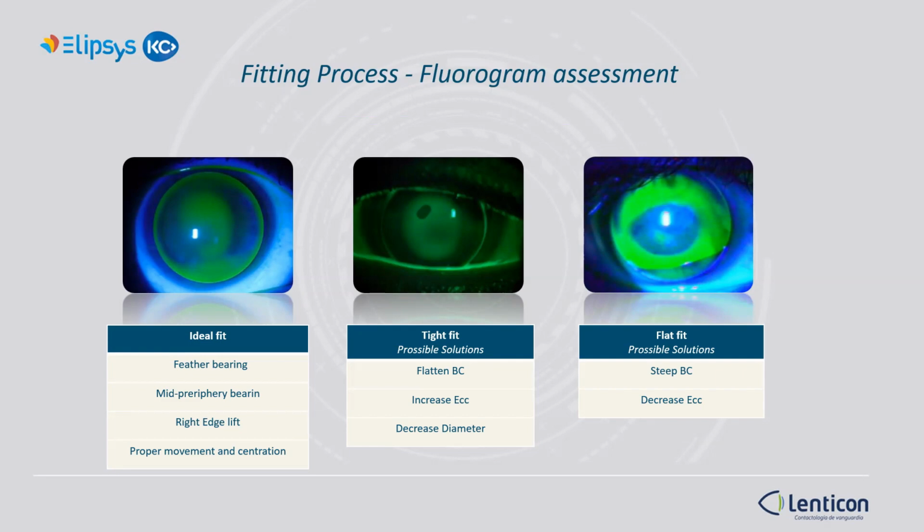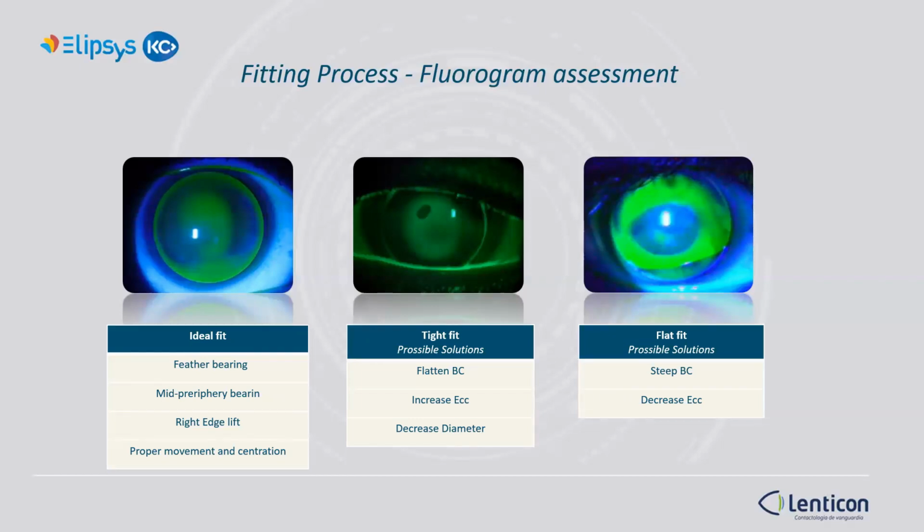If the ideal fluorogram pattern is not achieved, evaluate if the lens is tight or flat fit. On one hand, if the edge lift is insufficient, the movement is too little, or there is fluorescein pooling over the corneal apex, that lens is tightly fitted.